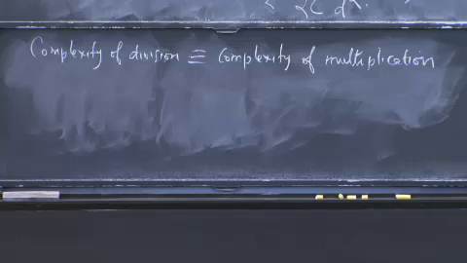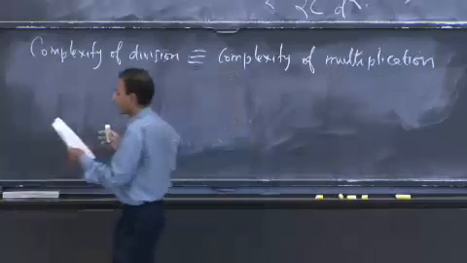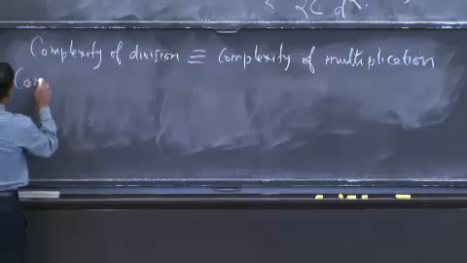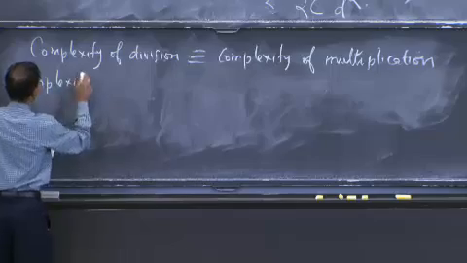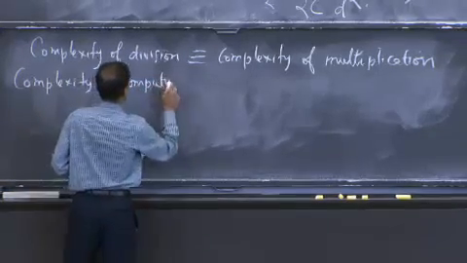Most of the work is getting done at the end when you have these long numbers, right? That's basically the essence of the argument. So let me finish up and talk about the complexity of computing square roots, right?